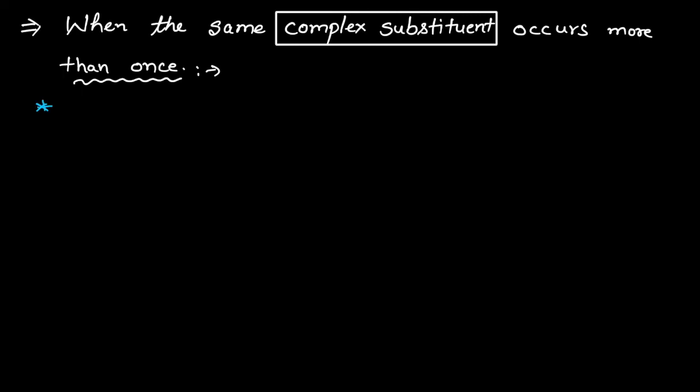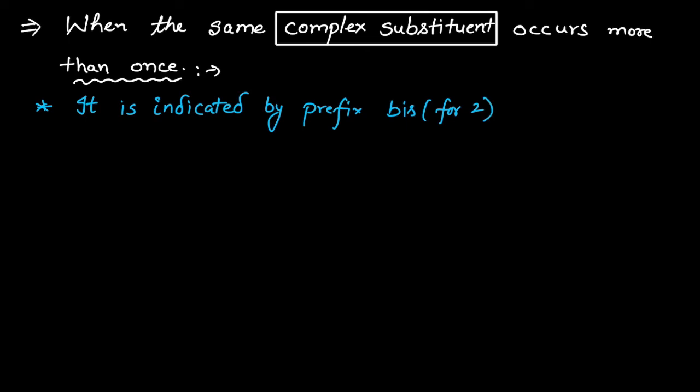Now, this is a very important point, that when the same substituent or same complex substituent occurs more than once. This rule is very important because most of the time students get confused where should we use bis, tris or di, tri.